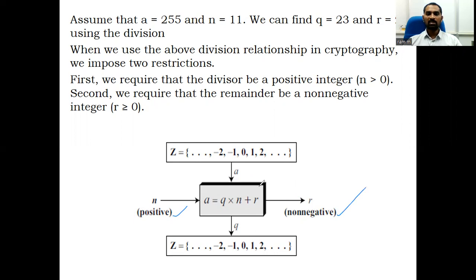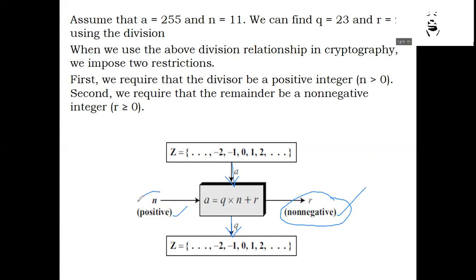Okay, so if you observe here, we are taking the dividend from the set of integers, and we are applying the division operation, and finally we are getting the coefficient, which belongs to the set of integers, but we consider it as non-negative. Why? Because if I take Z here, I'll get negative values also.